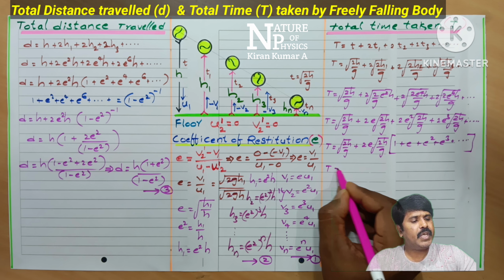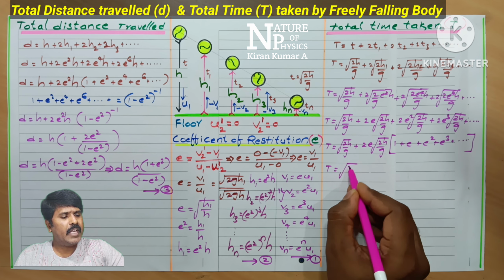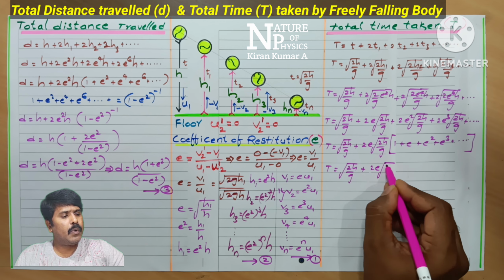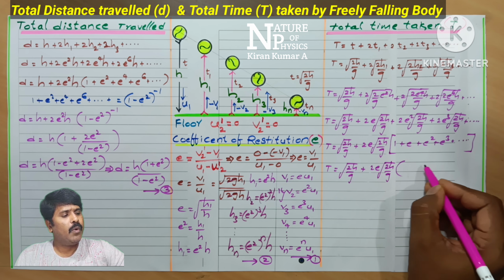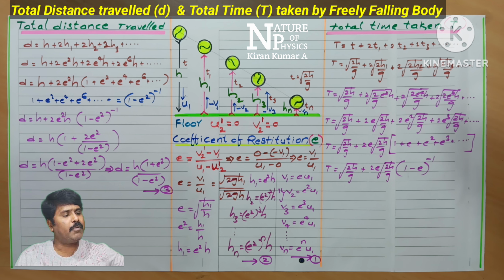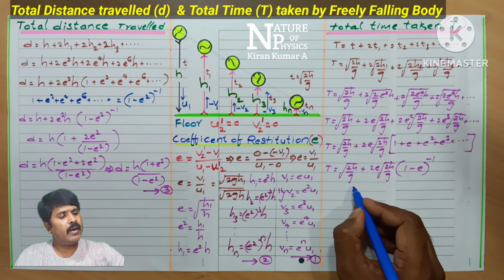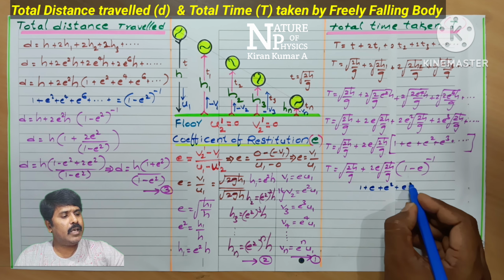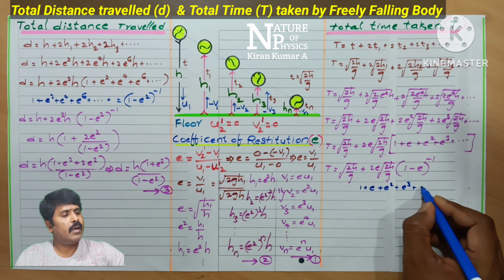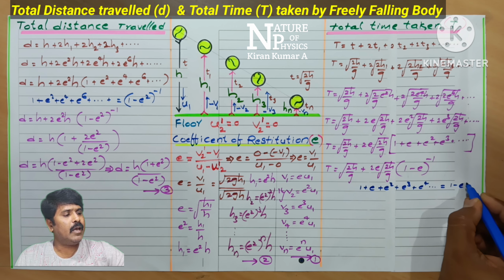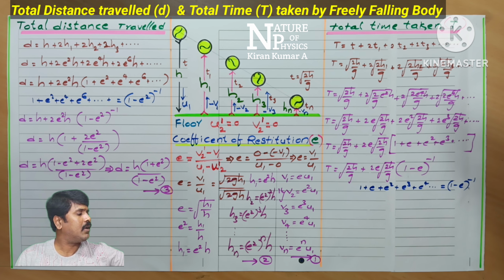Now t is equal to root over 2h by g plus 2e root over 2h by g times this value, 1 minus e whole to the power of minus 1, by binomial expansion. I can write 1 plus e plus e square plus e cube plus e to the power of 4 and so on as 1 minus e whole to the power of minus 1.